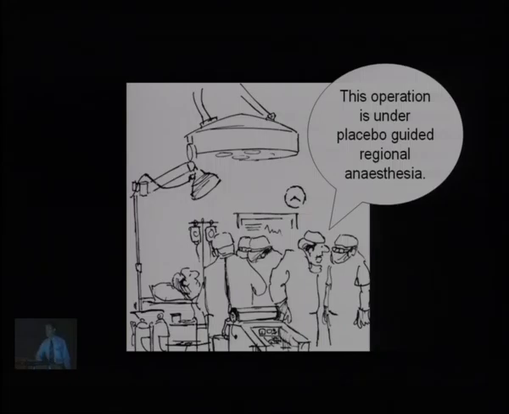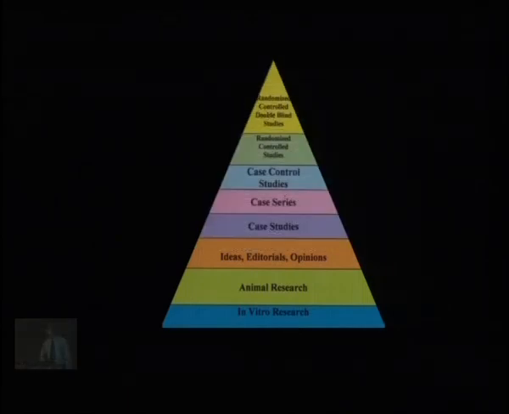Well, I must tell you, to study a technique is actually very difficult, especially ultrasound-guided regional anesthesia, because you can't have a placebo-guided regional anesthesia, and you cannot double-blind anybody when you have techniques like this. So if you look at the pyramid of evidence, you will not be able to find any double-blind randomized control studies.